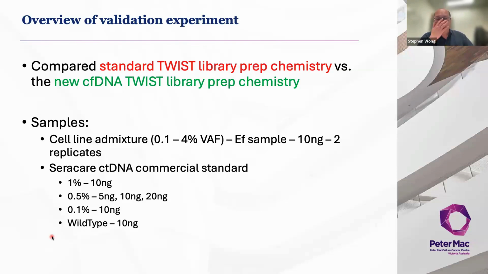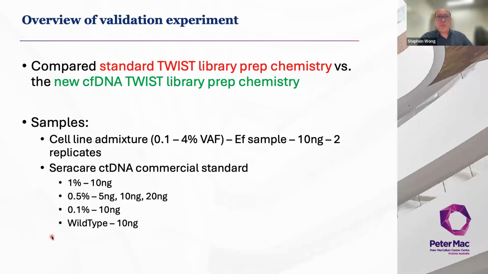And these included a cell line admixture, which consisted of cell lines mixed at certain percentages with known mutations ranging from 0.1 to 4% VAF. This sample, which we will now call EF, also has a number of known wild-type locations, up to about 100,000, which we know were considered non-mutated.